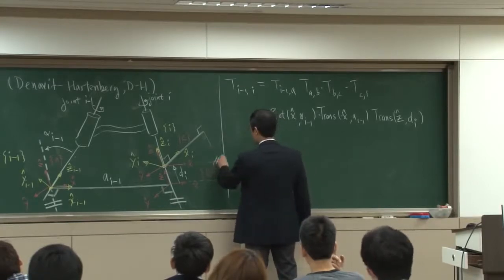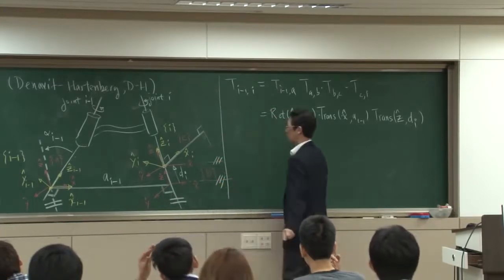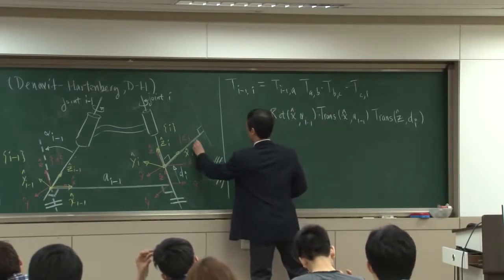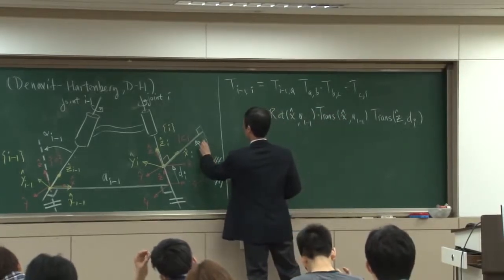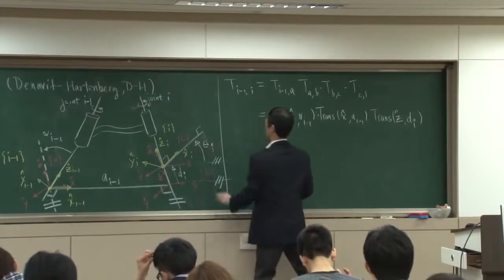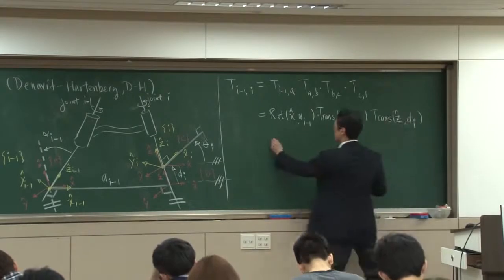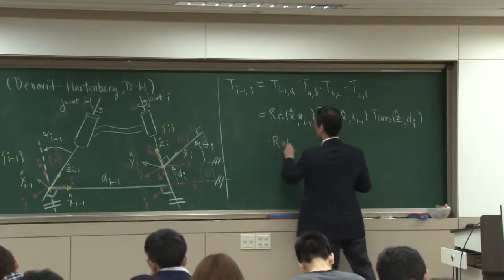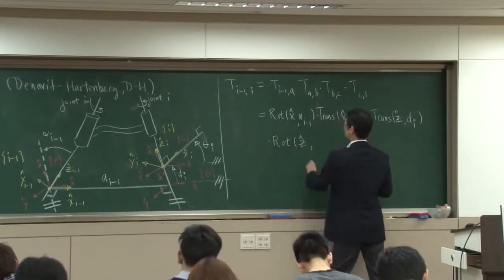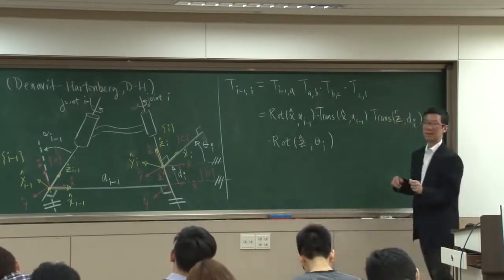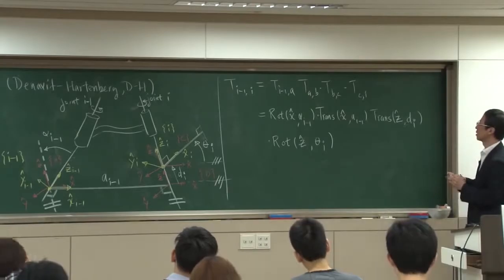These lines are parallel, so we need this angle. Let's call it theta I. So the last thing we need is rotation around the z-axis by angle theta I.